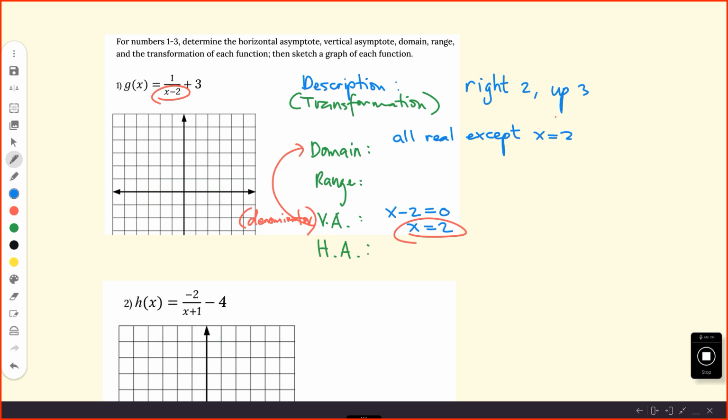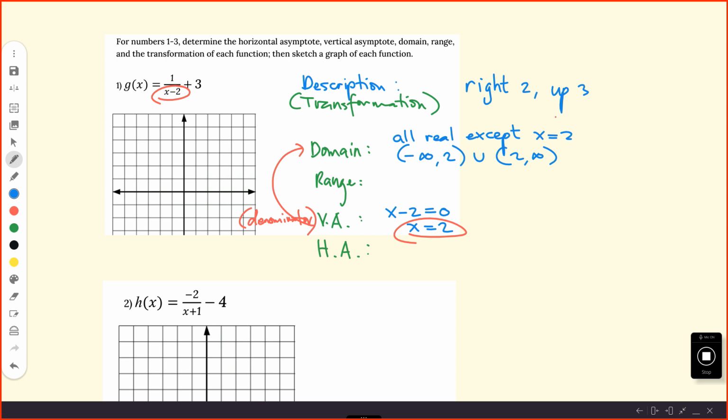So when you write this in the interval notation, that's going to be negative infinity to 2, union 2 to infinity. Okay, whatever the vertical asymptote is, right? That's your excluded.